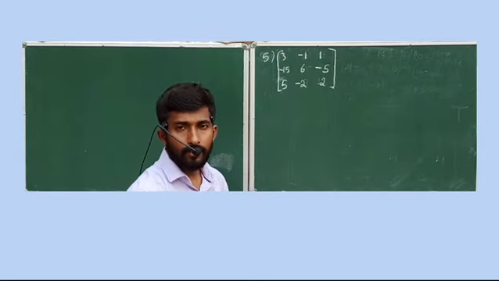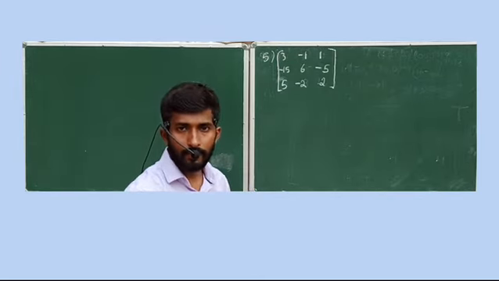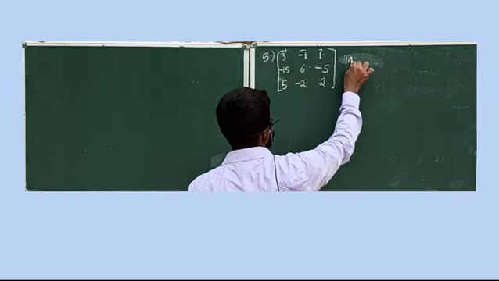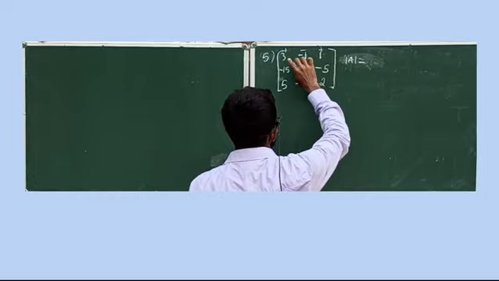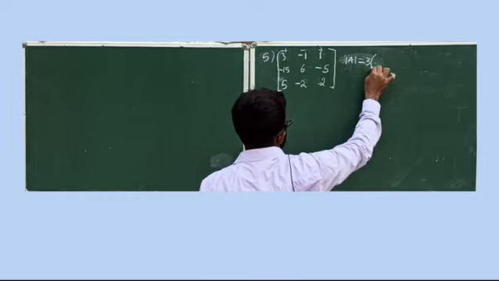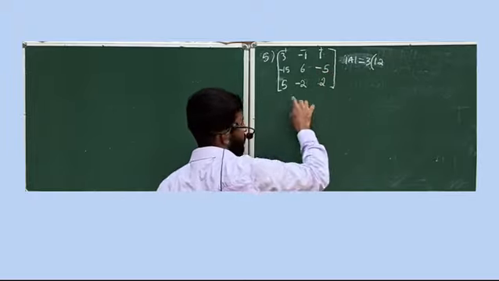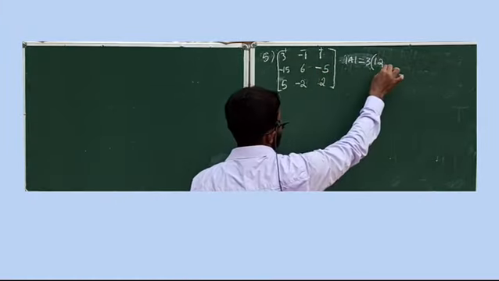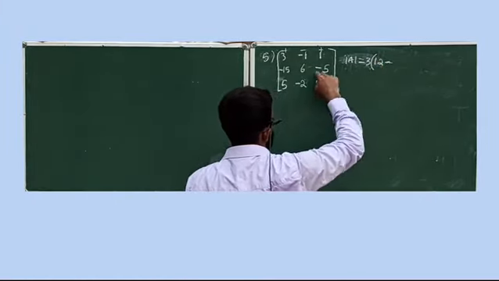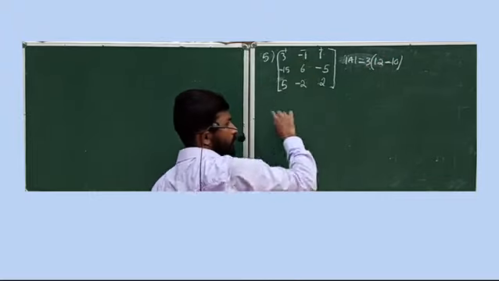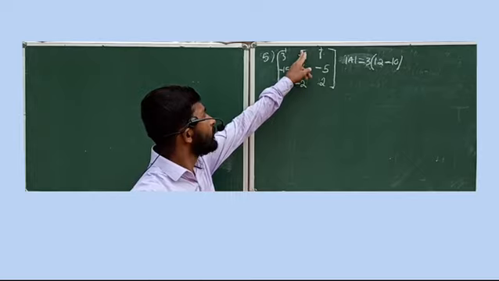See the next question. Square matrix of order 3 is given. First calculate determinant A. Determinant A is equal to 3 into, see, 6 into 2 is 12, minus into minus plus, you will get by the formula one more minus, 2 5 is 10. Then minus into minus 1, right? Here alternate plus minus is there.